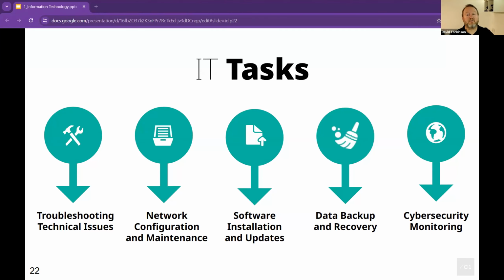So basically it tells them where things are incorrect, where things aren't up to date, where vulnerabilities could be, where a hacker or someone with malicious intent could potentially get in and either steal data, corrupt data, or cause all sorts of cyber security issues.